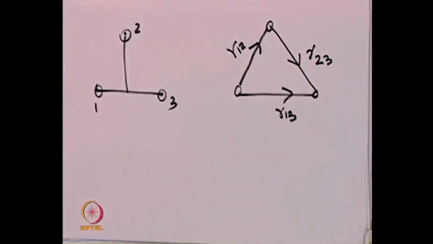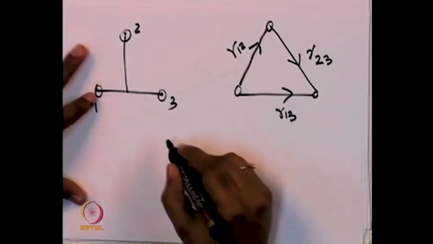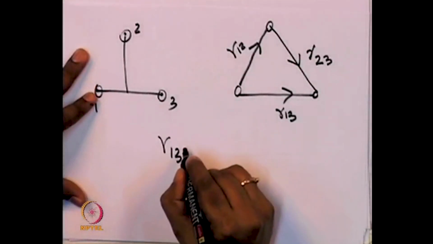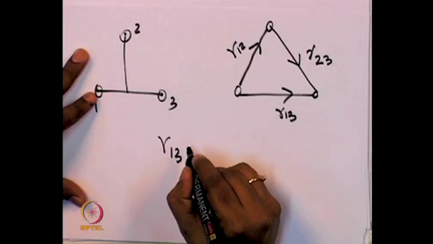So we have these three vectors, and what did we get? Let us write down all these vectors.